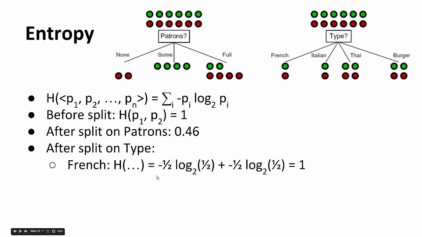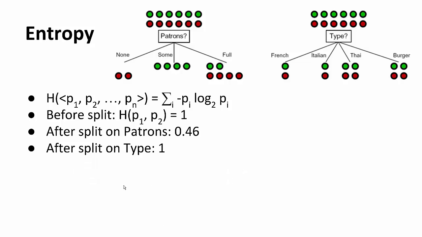So our entropy is again going to be this expression, which is 1. And then we have kind of the same deal for all of these other ones, where we have 50% chance of green, 50% chance of red. So we know that the entropy for each of these, for Italian, for Thai, for burger, they're all going to be 1, right? So basically from that, we know that our weighted entropy is also going to be 1. And so by using that trick, we've kind of saved a lot of work, and we already know that the entropy is going to be 1.